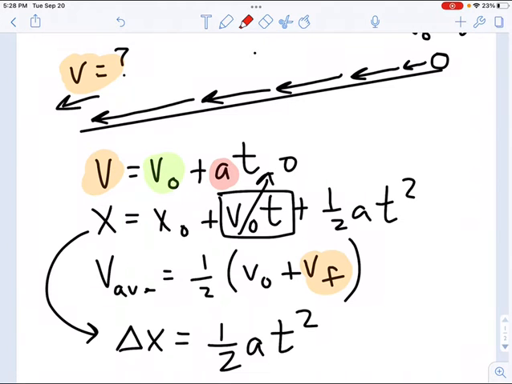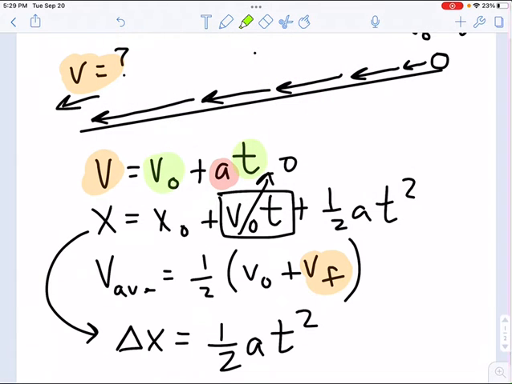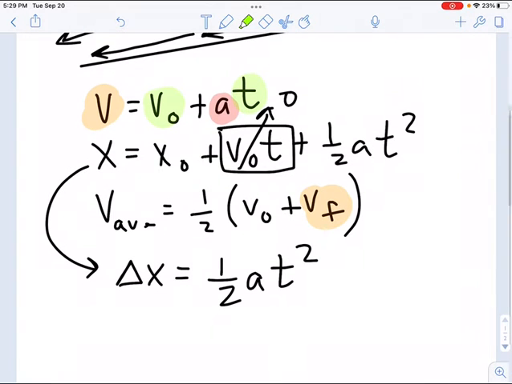And we don't know time, but we can measure it, so because we can measure it, we will color it green, meaning we can collect that information. So the first equation we can't actually solve for v because we don't know a. But we can get a from the last equation.